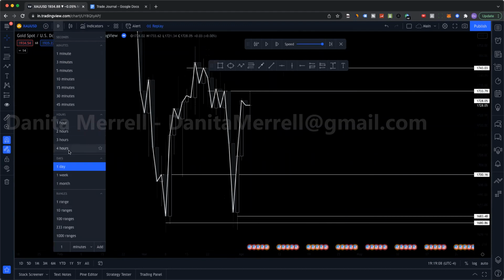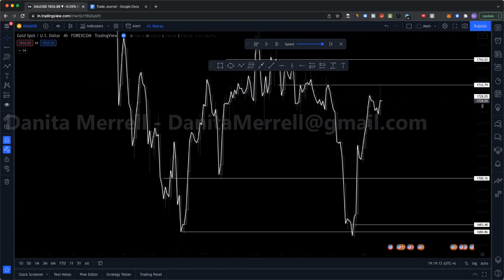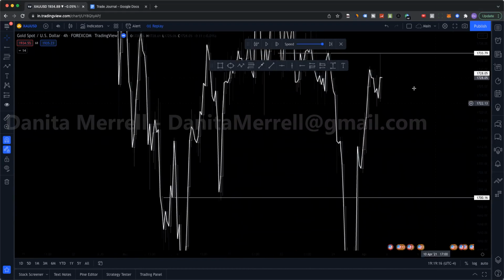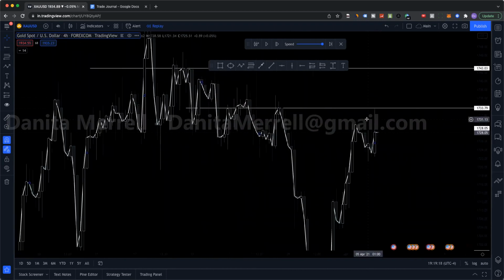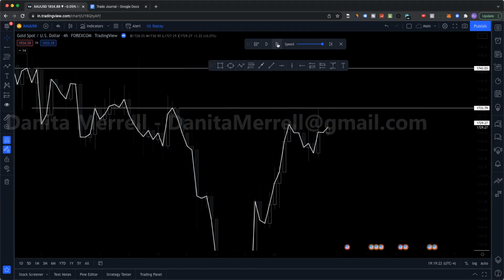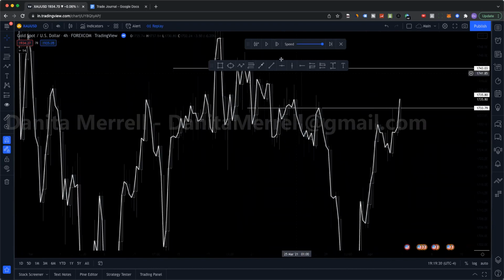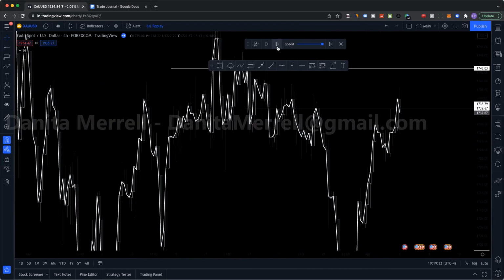Okay, so daily is tapping into daily resistance right here. Okay, we see this push. So we've got to observe on H4. Okay, what is H4 doing? H4 did not break any structure, so we wouldn't have taken a trade.